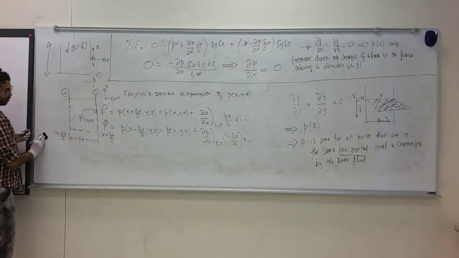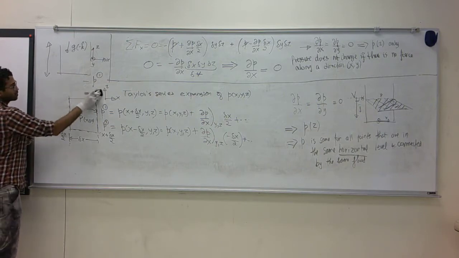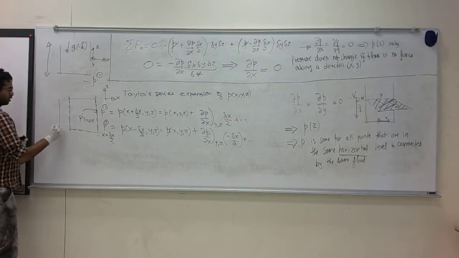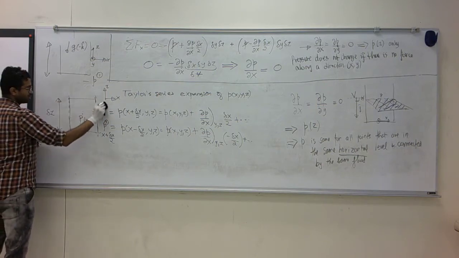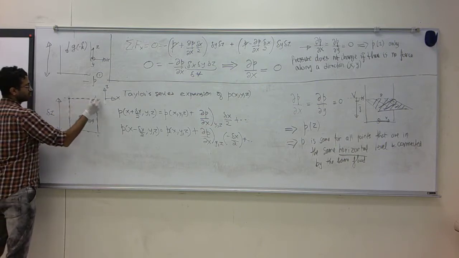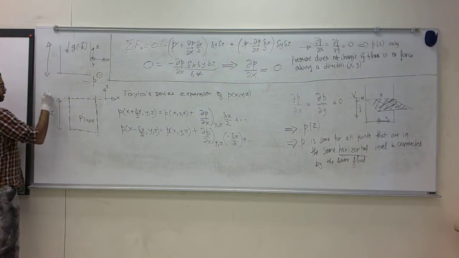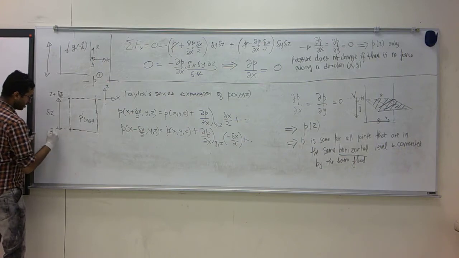So we can repeat this whole derivation, and suppose we start again. This is delta z. This is the vertical direction, and here is P. This station is z plus delta z over 2, and this station is z minus delta z over 2.